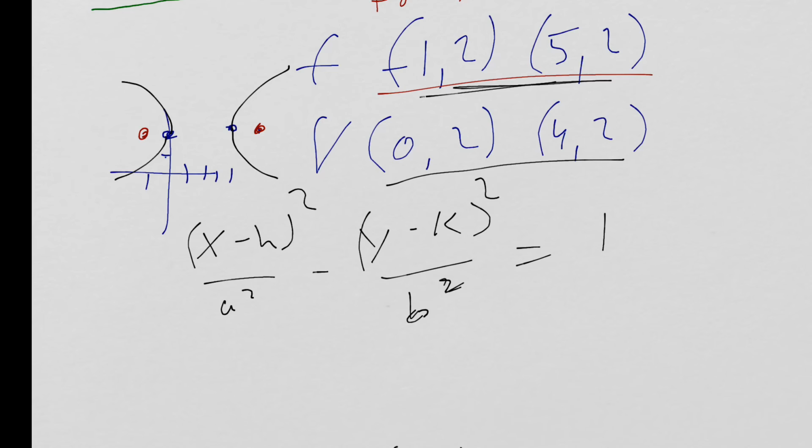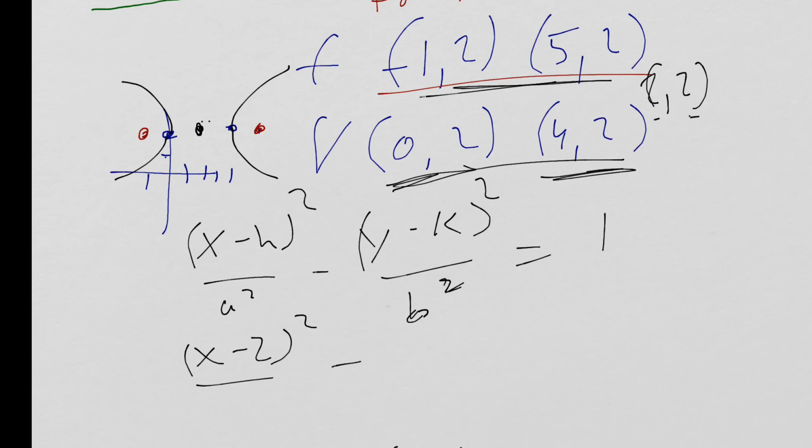Okay, our center is going to be right here. That's between (0, 2) and (4, 2). The point between those is (2, 2). So h is 2, k is 2. So x minus 2 and y minus 2 equals 1.